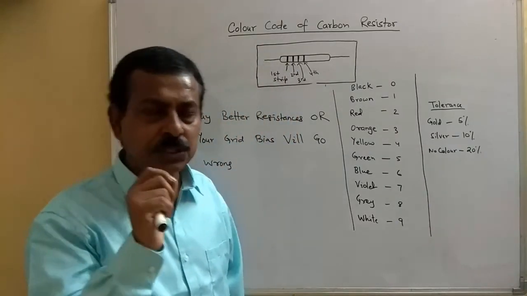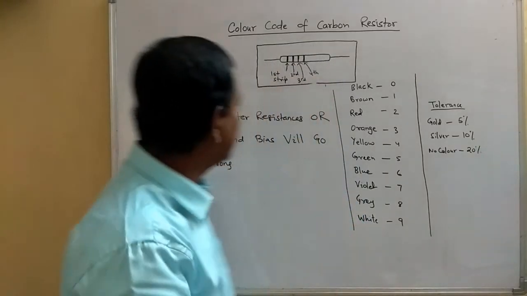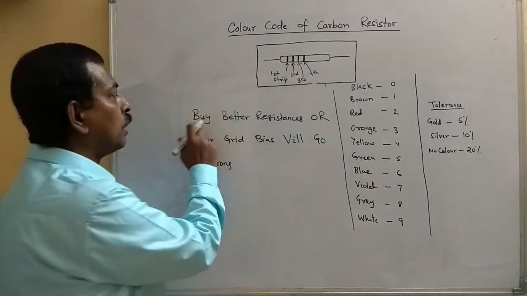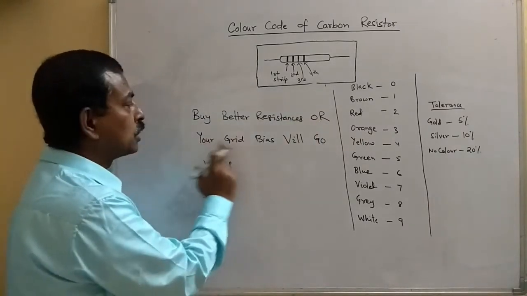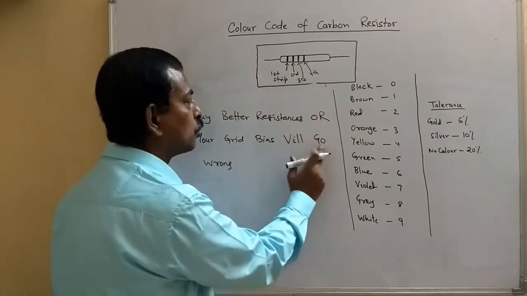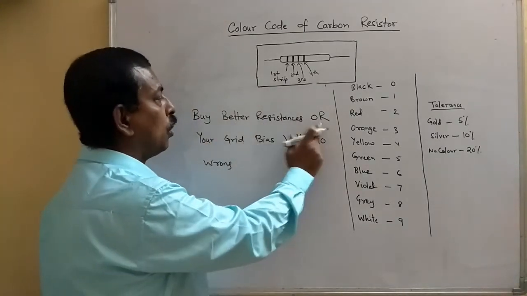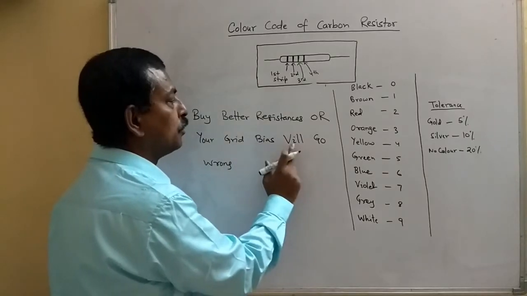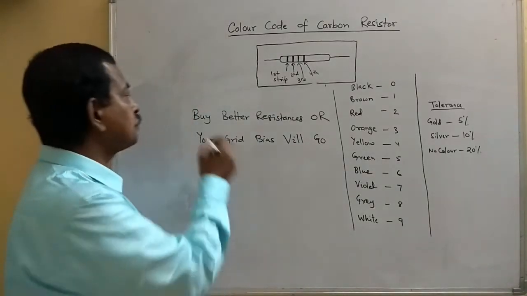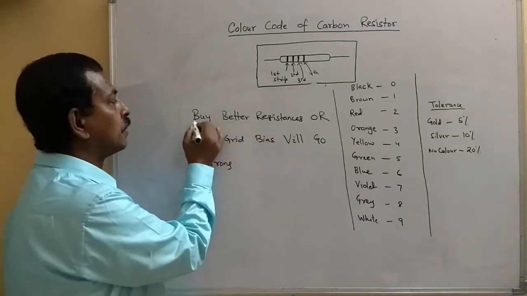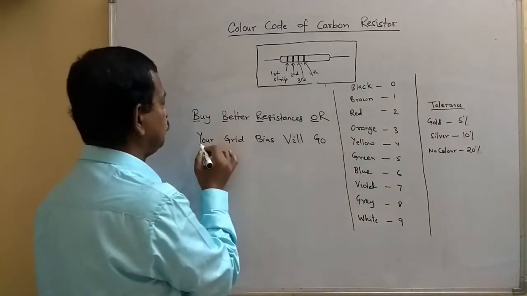And as a shortcut method to remember the color sequence, you remember this line: Buy better resistances or your grid bias will go wrong. Buy better resistances or your grid bias will go wrong. Remember this line, and now you take the first letter of each.